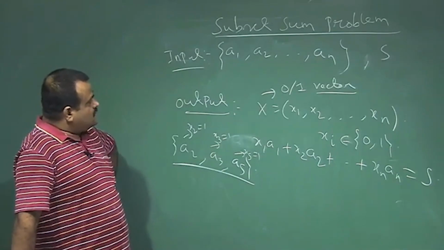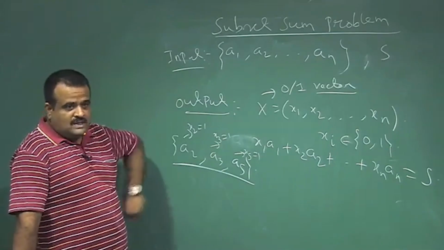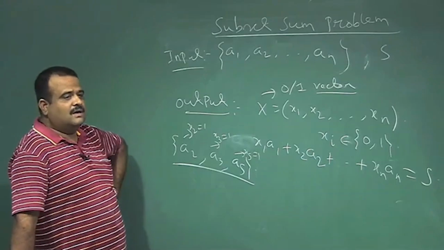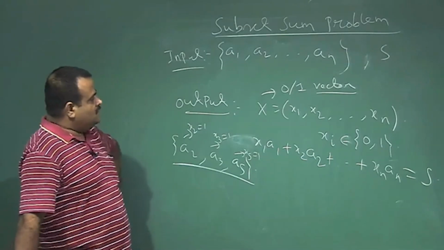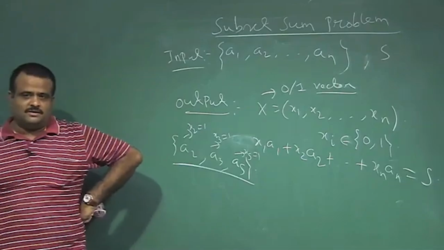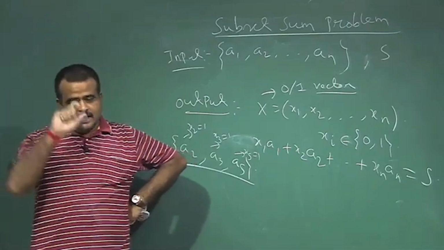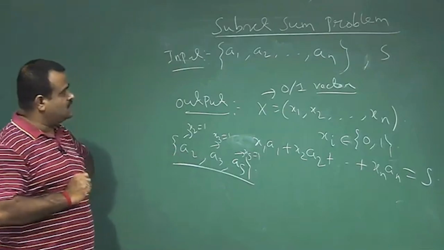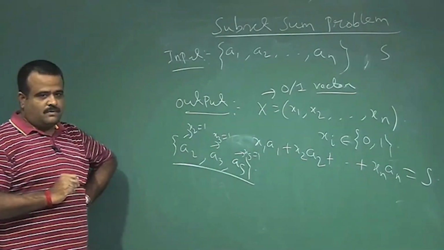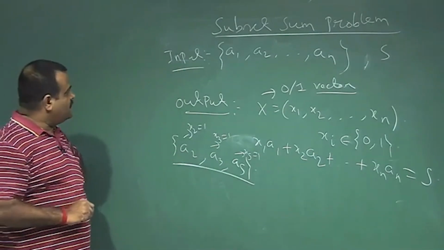The original version is the decision problem: does there exist a subset, yes or no. The decision problem in itself is hard; it is an NP-hard problem, so it is computationally infeasible.